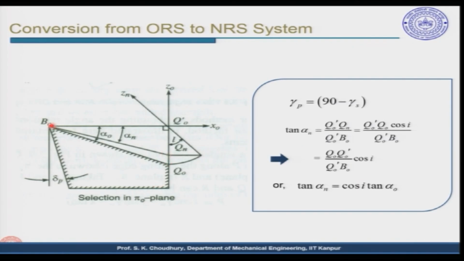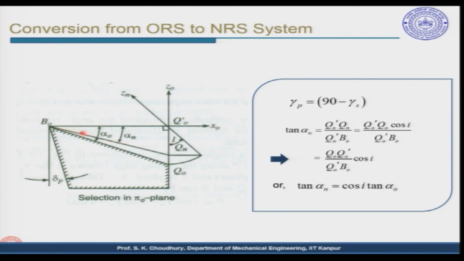Then if you join this point B0 and this point, let us say Qn, the angle we get is the newly made rake face, which will be in the normal rake system, because once again this is inclined. Earlier we had the face which was the rake face for the ORS system, making the orthogonal rake angle with the x0 axis.